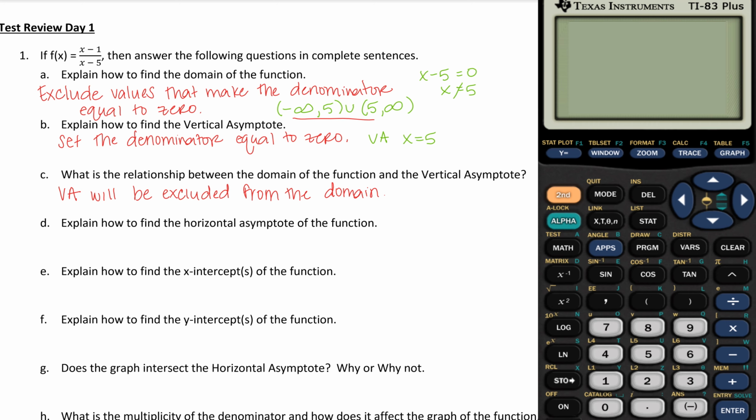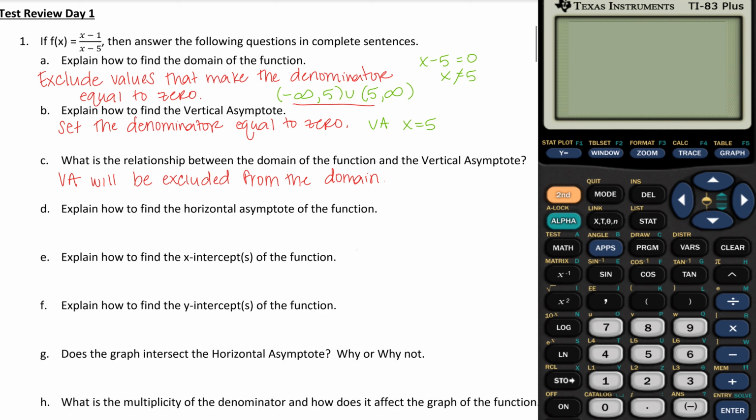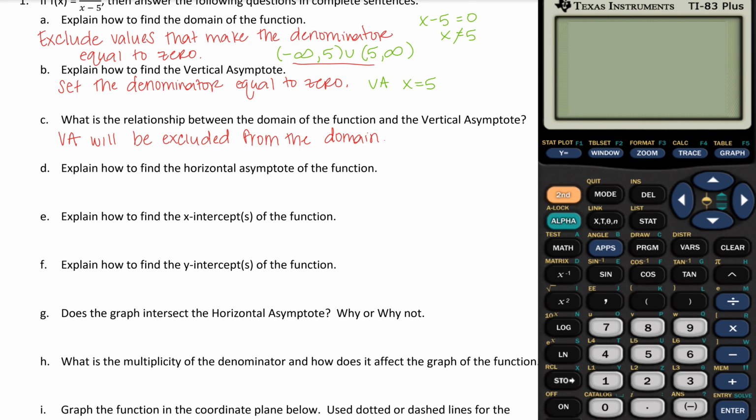All right, for D is explain how to find the horizontal asymptote of the function. So the way that we actually go about doing it, we compare the degrees of the numerator and the denominator.